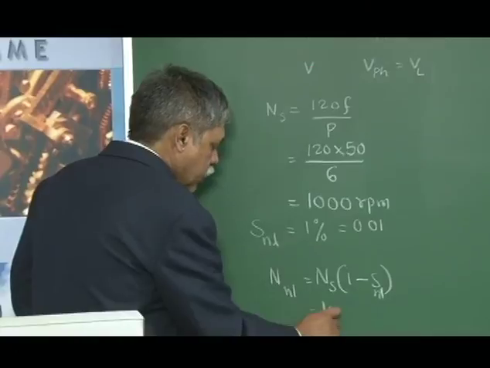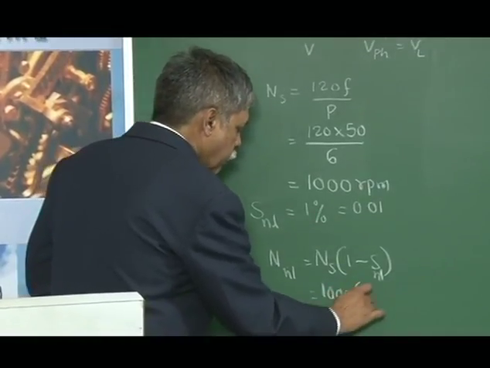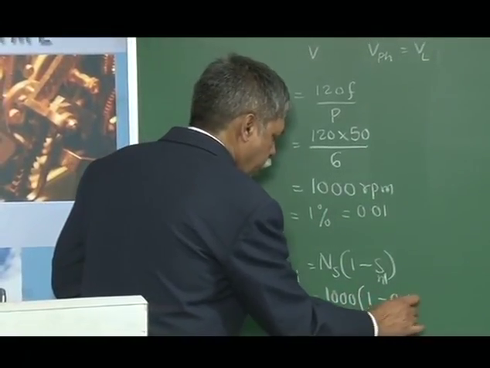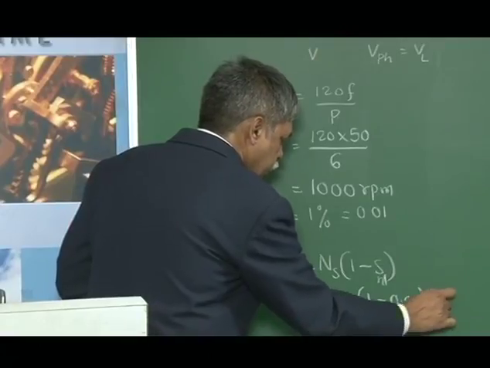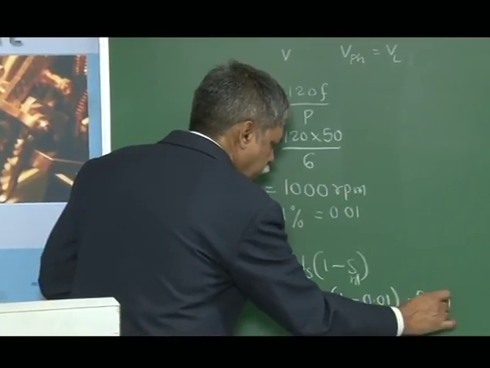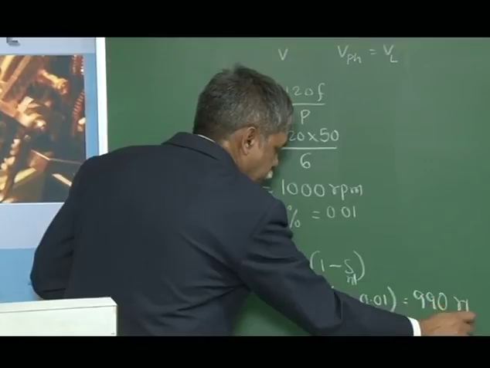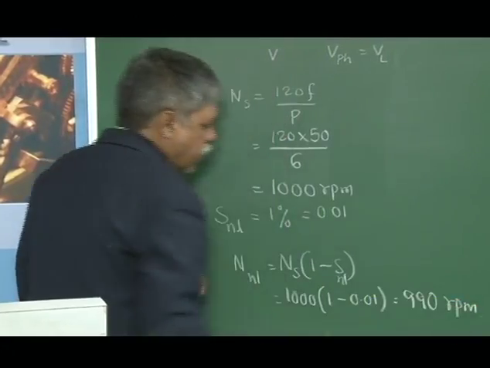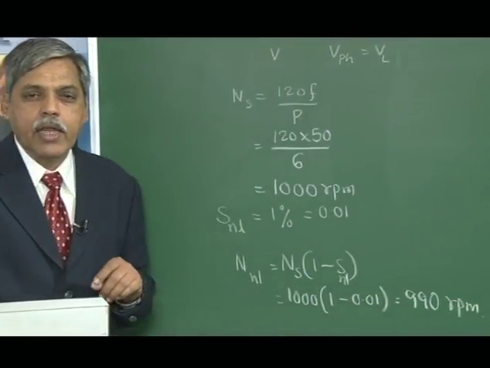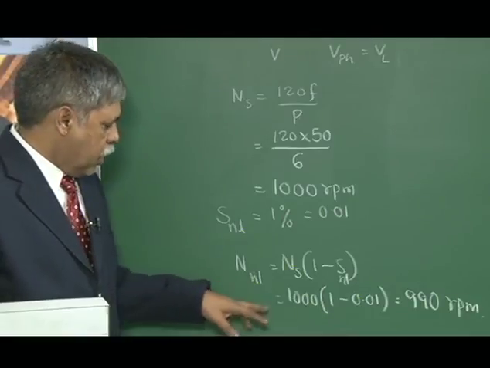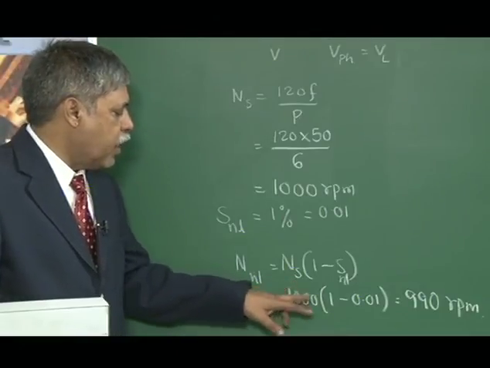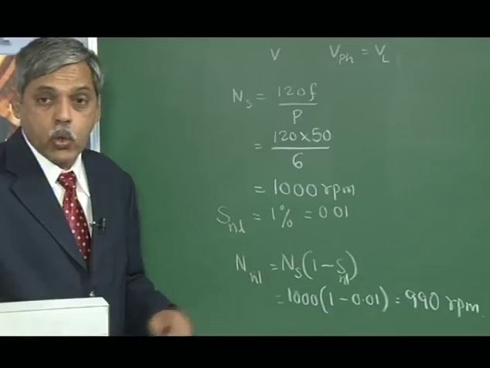Therefore, it is 1000 multiplied by 1 minus 0.01, which gives us a speed of around 990 rpm. So there is a difference of only 10 rpm between the synchronous speed and the speed of the rotor under no load condition.